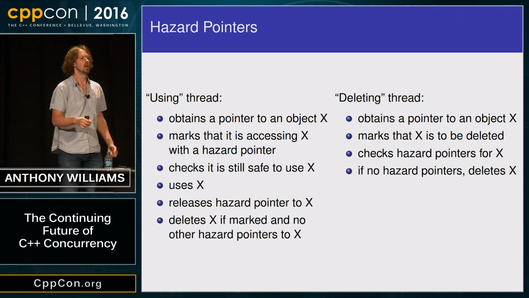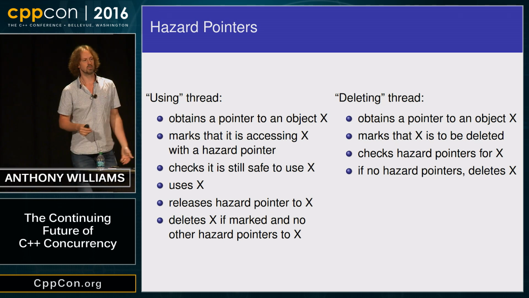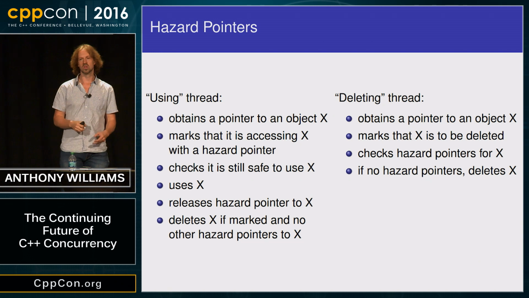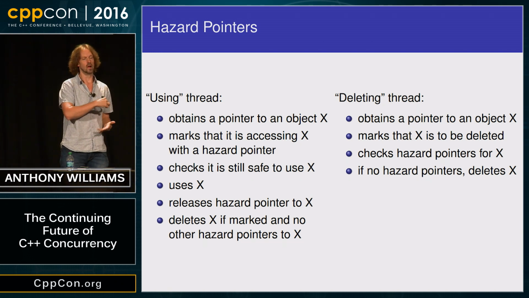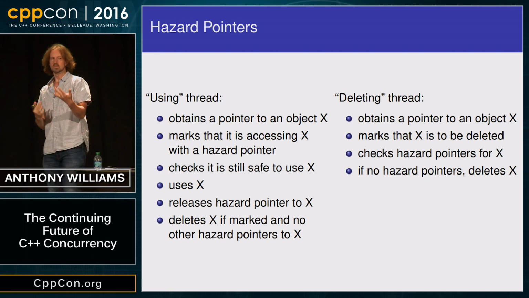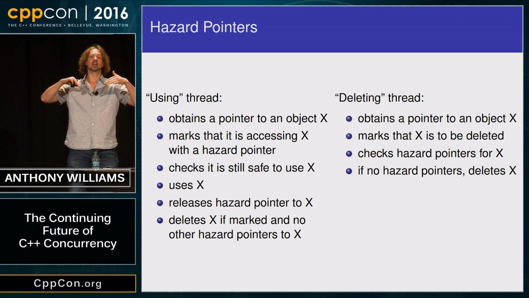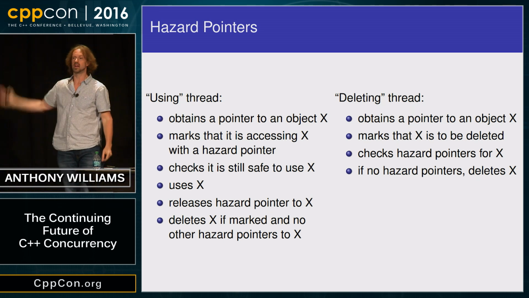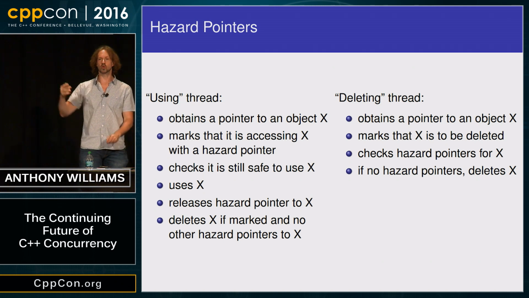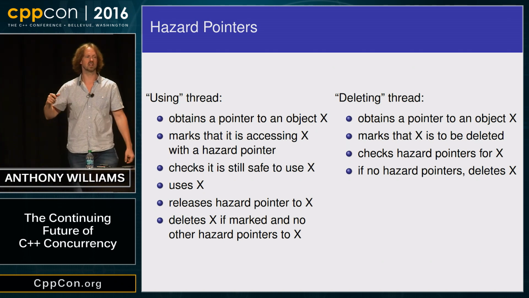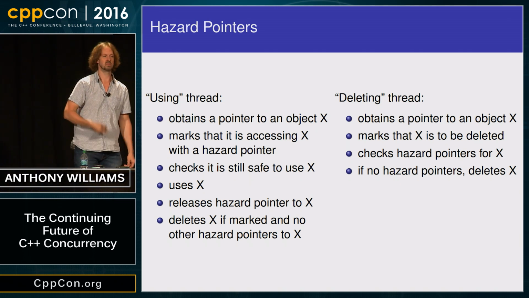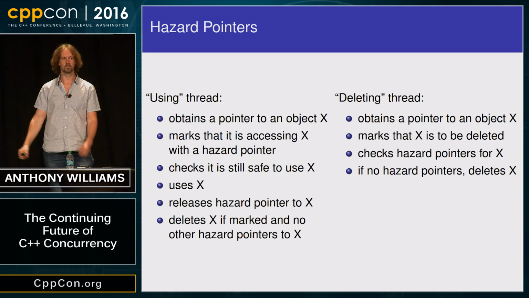You do whatever. Then when you're done, you release the hazard pointer, and if X is marked for reclamation and you're on the reclamation processing list, then you delete that object if it's been marked so, and there are no other hazard pointers.